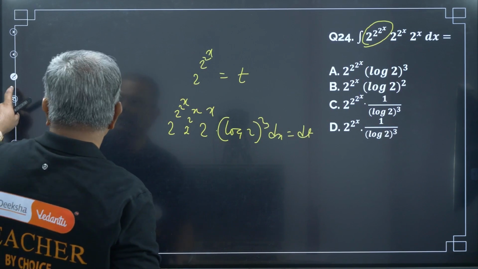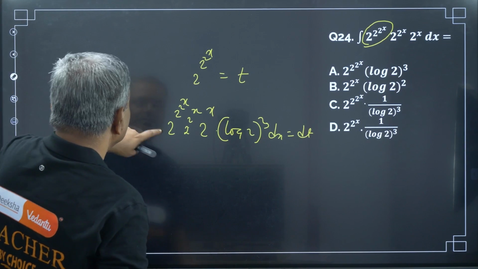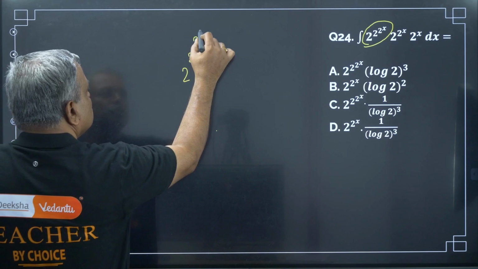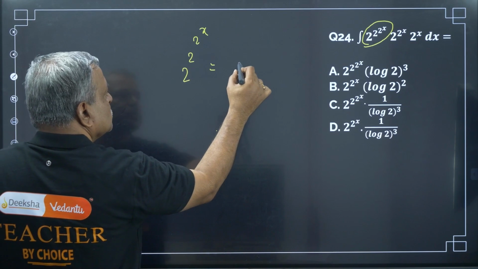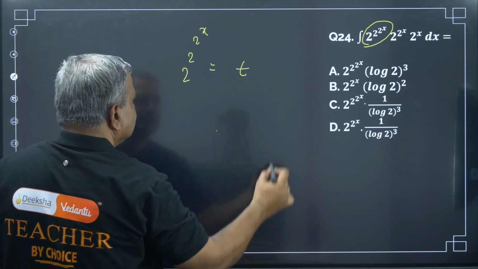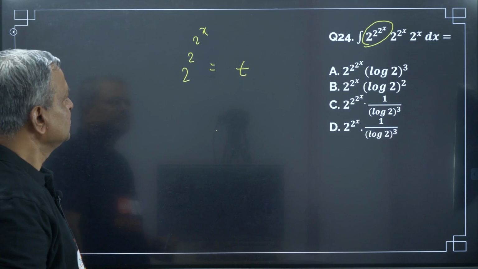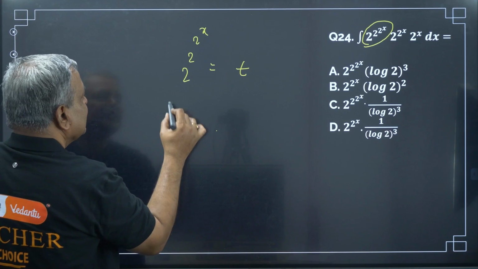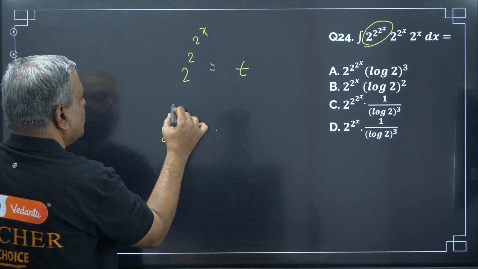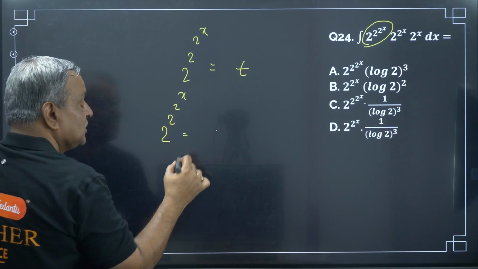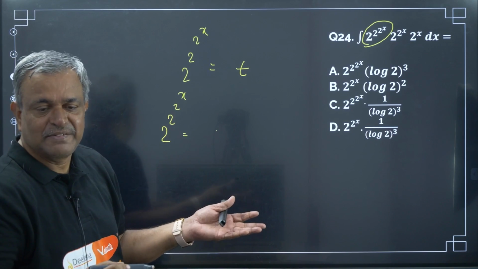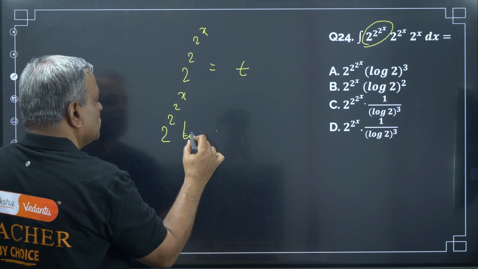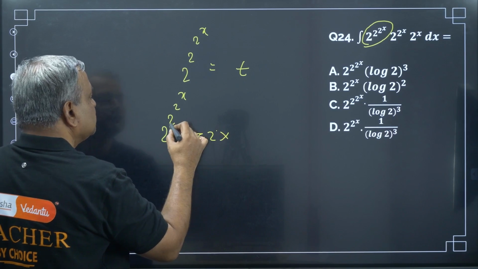Then you'll get, I'll do it once again, 2 to the power x is equal to, you take it as a t. Okay, so this is equal to t. What is the derivative? The derivative of 2 to the power x is 2 to the power x log 2. So this will give you log 2, and into this part also you have to do.